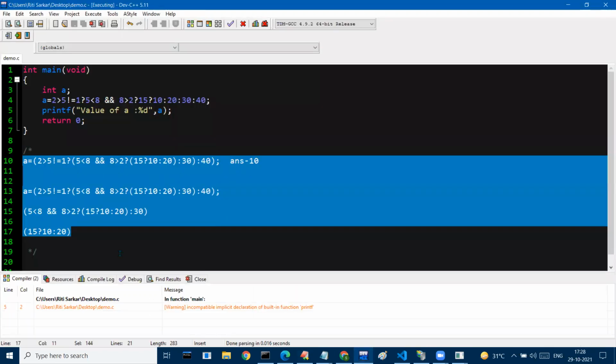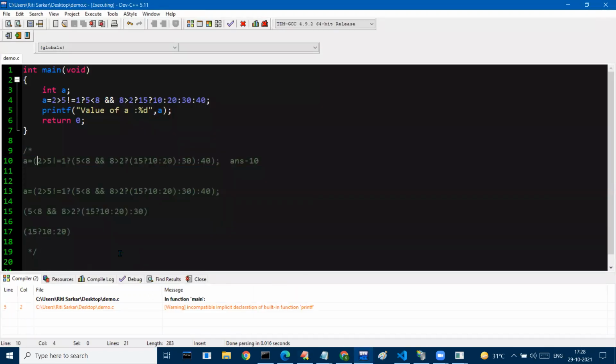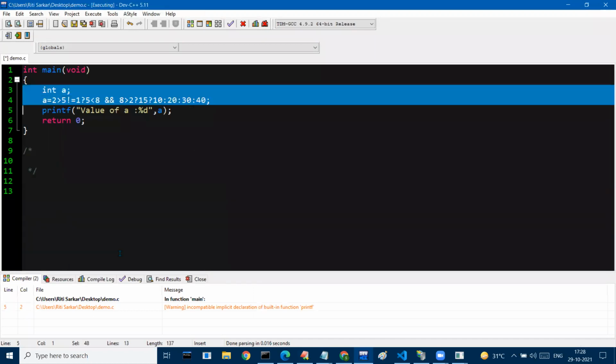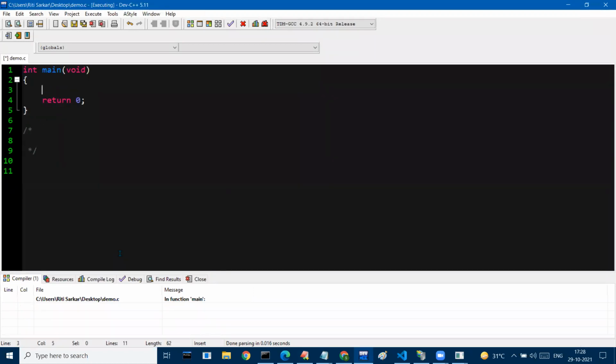First let us start with positive numbers. Suppose, for example, here I'm writing printf 5, this is called the left shift operator. Currently we are discussing the bitwise operators. How many bitwise operators are there? So many bitwise operators are there.